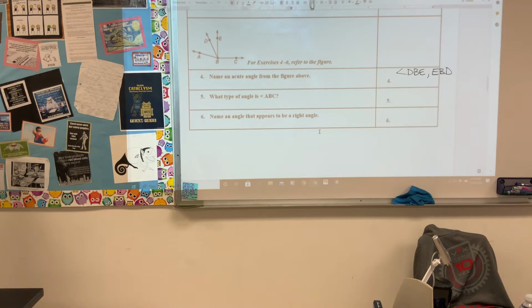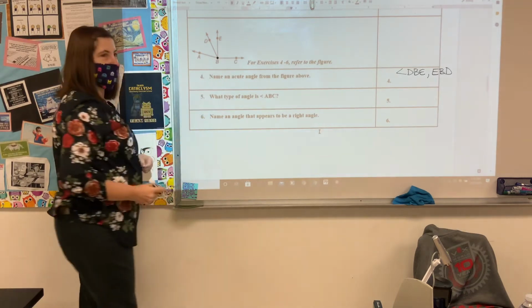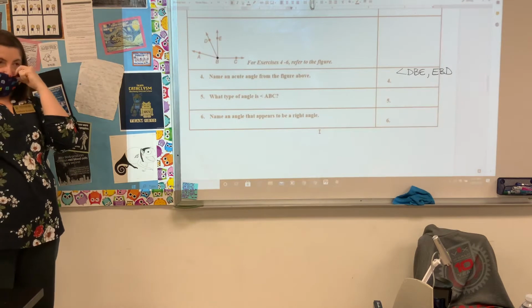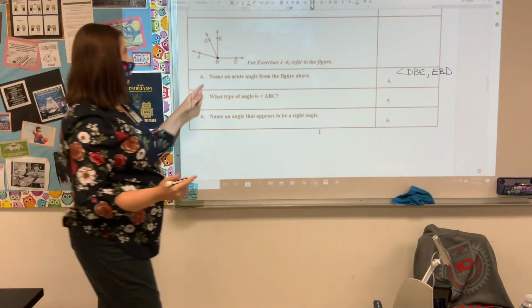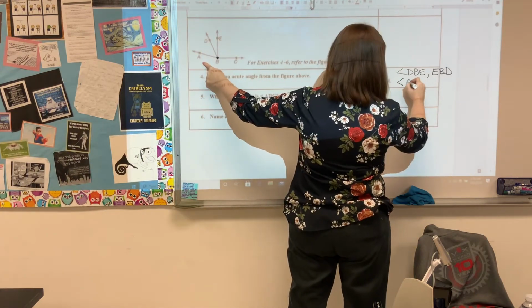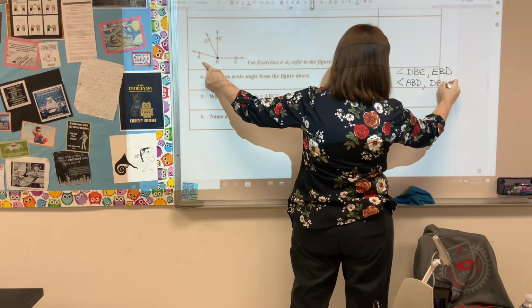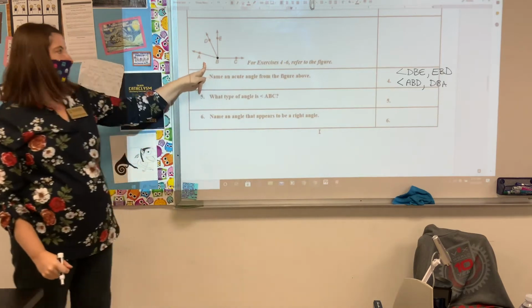No. Why not? Because the vertex is always in the middle. Always make sure that central point where the two rays are crossing has to be the middle point when naming the angle. Okay, I also could have said angle ABD or DBA. All of those would have been acceptable there.